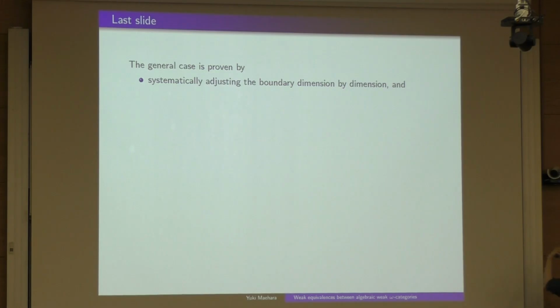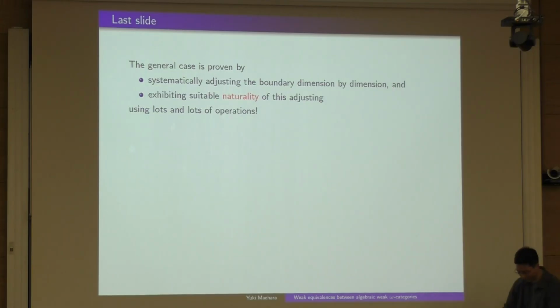But then to actually show that that candidate works, you have to prove some sort of naturality of this adjusting boundary operation using lots and lots of operations. So actually lots and lots. Anyway, if you want to see all these details, here is the preprint on arXiv that went up just last week.